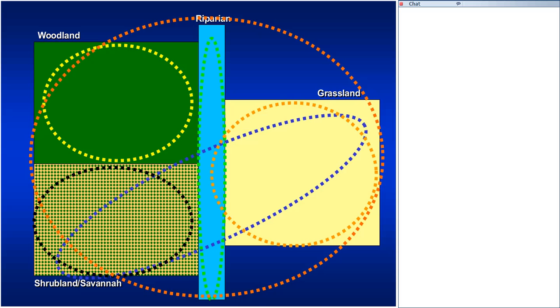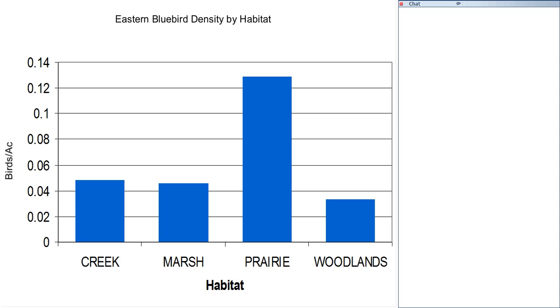Another way to look at that in a little different setting: this is eastern bluebird in central Texas, showing some use of habitats by bluebirds. This is information from the Cibolo Nature Center from their monitoring of nest boxes, and what they found was that the prairie by far was preferred by the bluebirds.